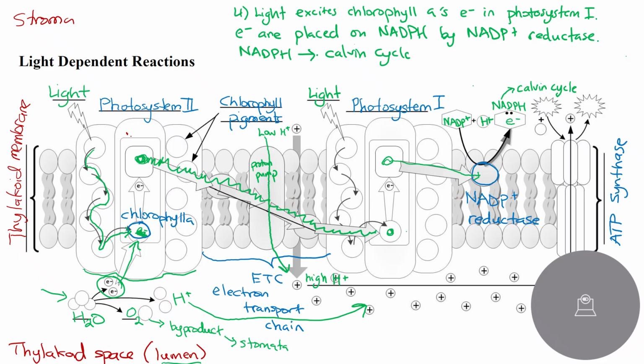Last step. Well, this has been building up for a while. We had contributions of hydrogen ions from the splitting of water. We have contributions of hydrogen ions being pumped into the lumen from the movement of the high energy electron in the ETC. And it builds up right here, a high concentration of hydrogen ions.